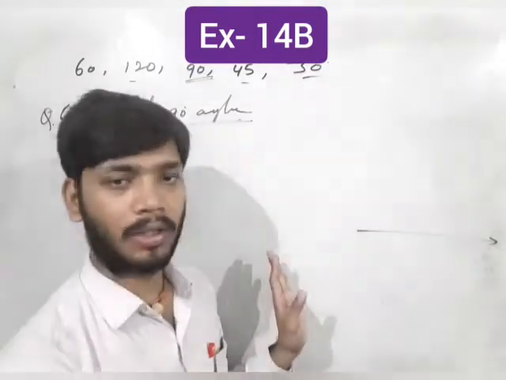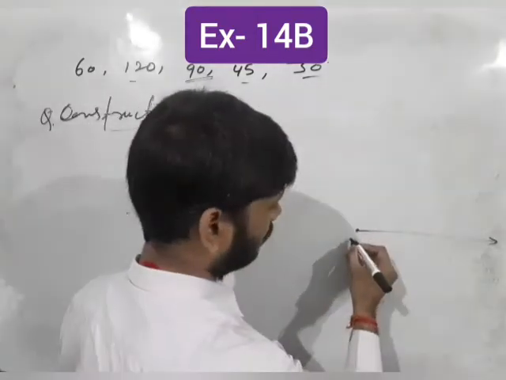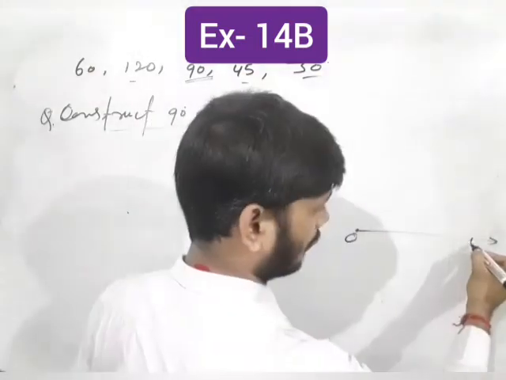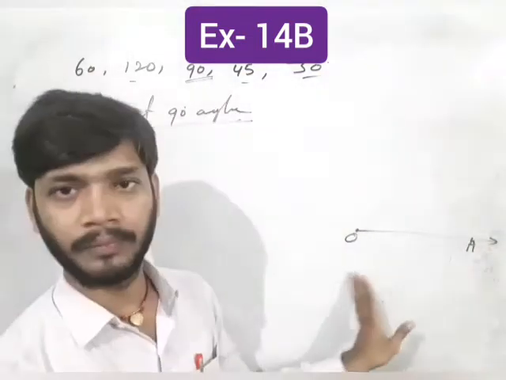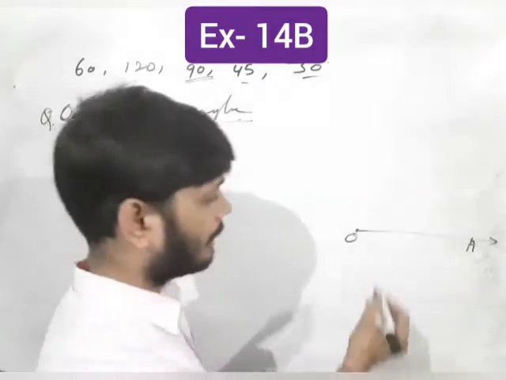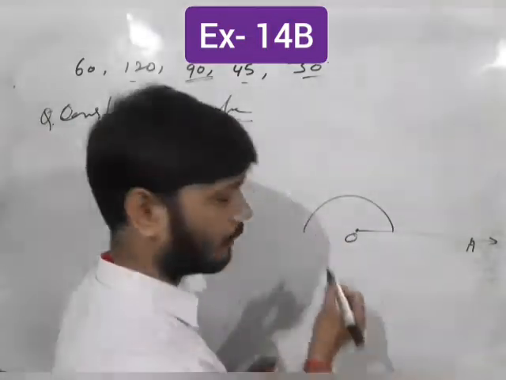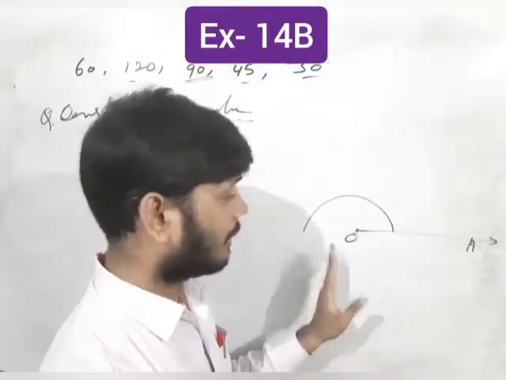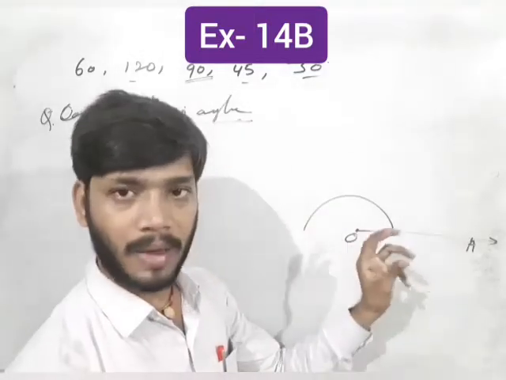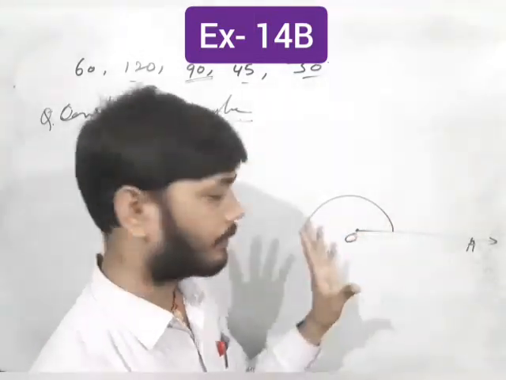Here I draw a ray, its name OA. And students, again draw an arc of any radius without changing the expansion of the compass.